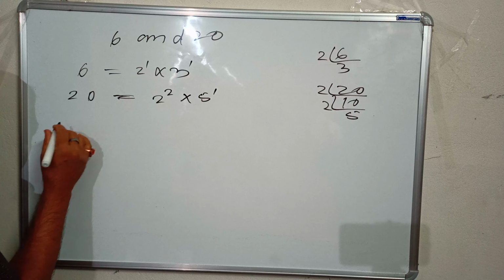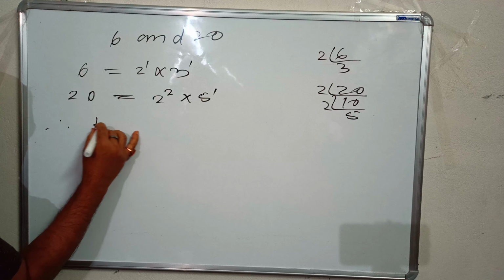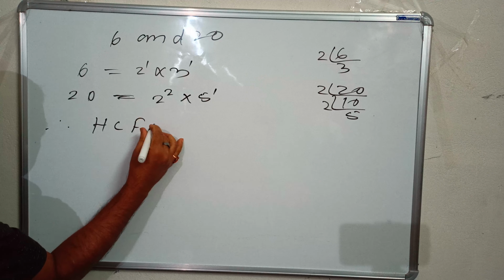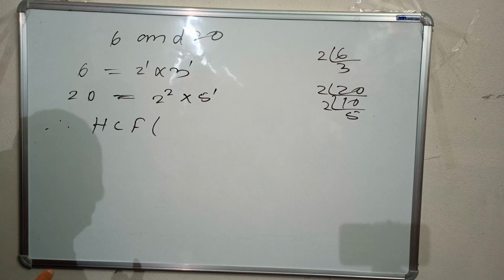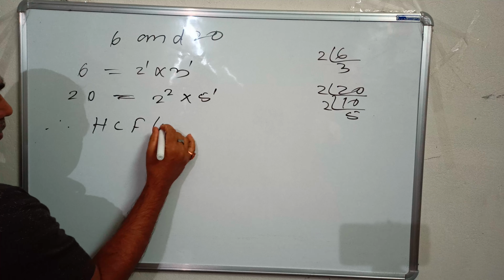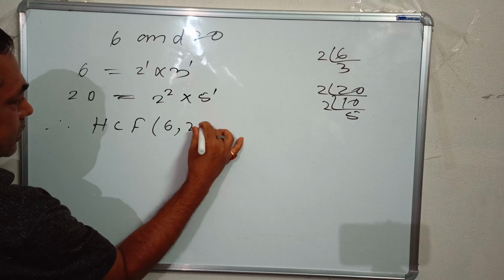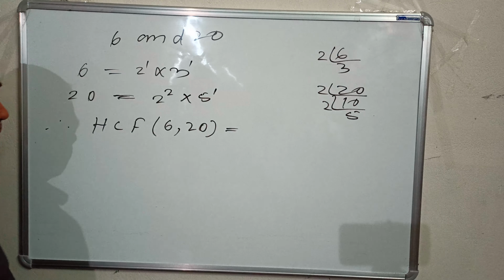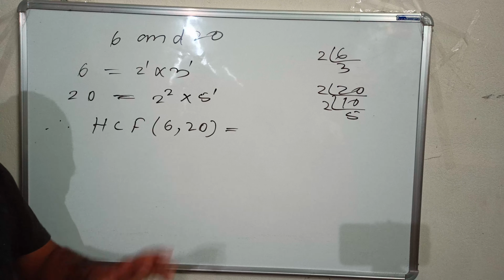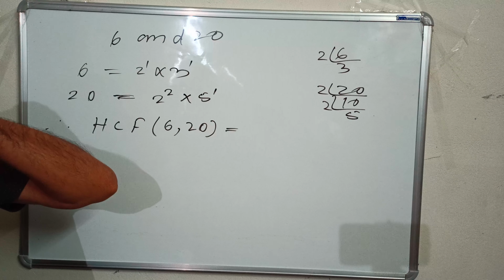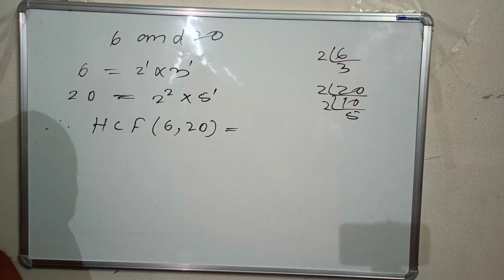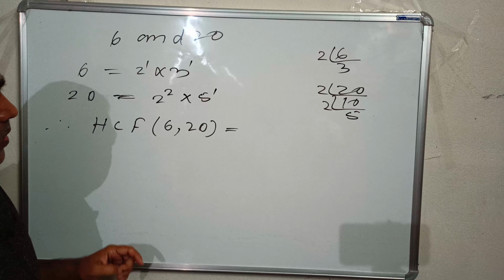Now, first you will find the HCF of 6 and 20. Remember the process: product of the smallest power of each common prime factor.